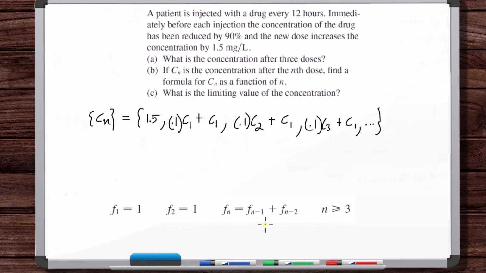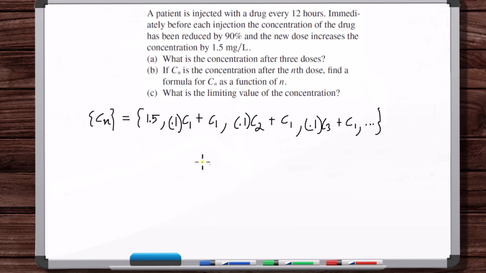So you want to specify the formula is only valid for n greater than or equal to 3, for example. And this just comes into play because with a recursive formula, you're defining the nth term as a function of previous terms. So it might be kind of hard to have the first 1 or 2 terms incorporated into the recursive formula.